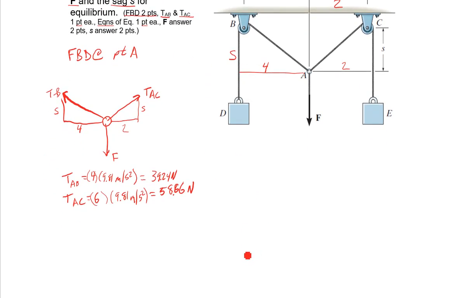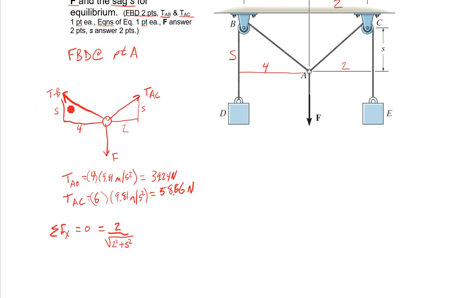Alright, so got those first bits down. Now we need to do our equations of equilibrium. So the sum of the forces in X equals 0. So what do we have? We have TAC acting in the plus X direction. And how much is that going to be? It's going to be the cosine of this angle, which is 2 over the square root of this squared plus this squared. So that's the hypotenuse. So we're going to have 2 squared plus S squared.